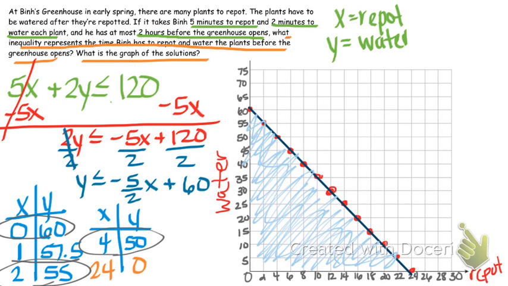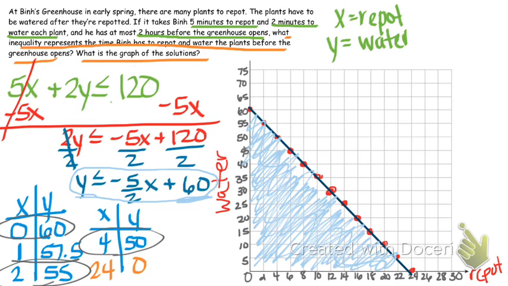So if you look, in my equation I have y is less than or equal to negative 5/2 x plus 60. So that means y has to be less than 60 over here. So if it's going to be less than 60, it made sense for me to shade all of this down here because all of these points would satisfy my inequality. And you could have picked a test point in order to determine that.